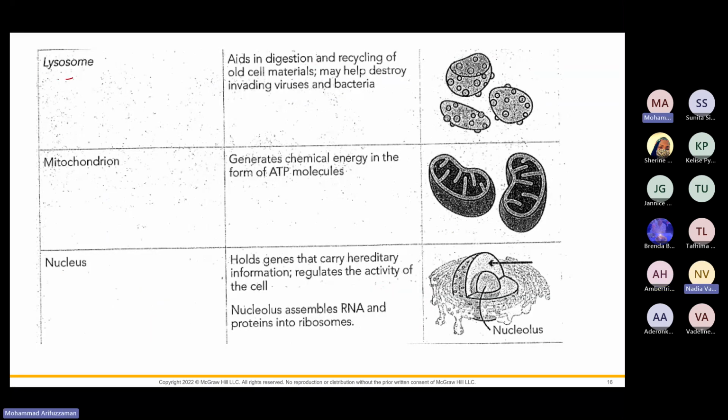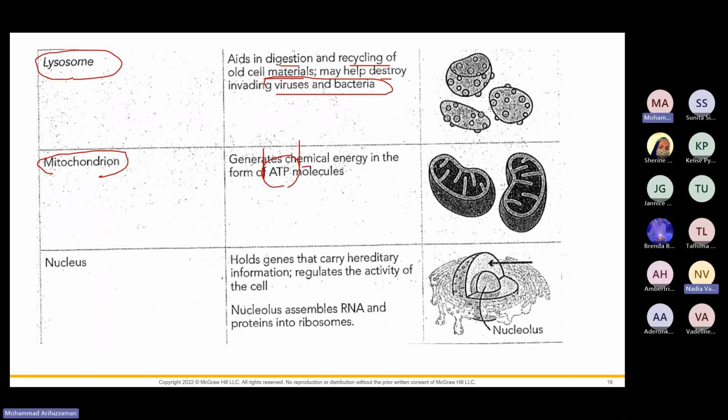Then the lysosomes aid in digestion and recycling of old cellular materials and also destroy viruses and bacteria. The lysosome secretes certain enzymes that kill viruses and bacteria. The mitochondria is the powerhouse that generates cellular energy in the form of ATP.